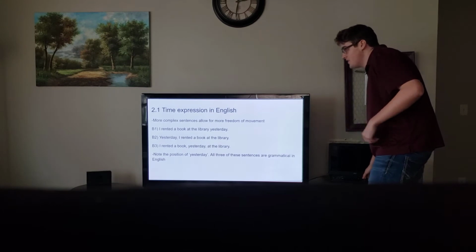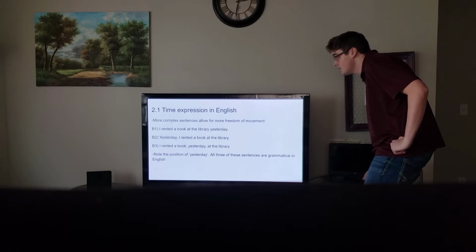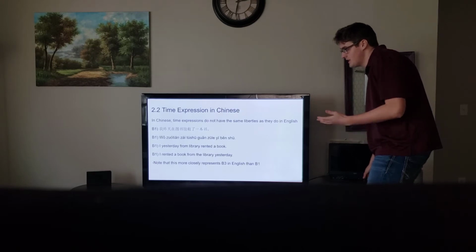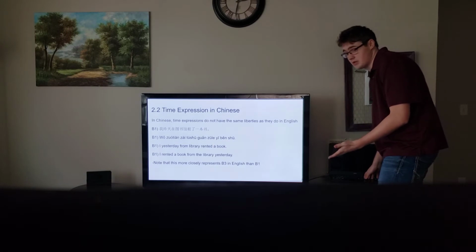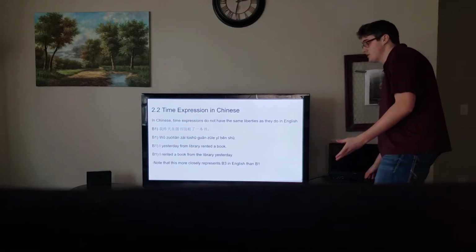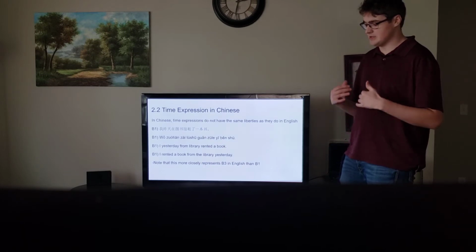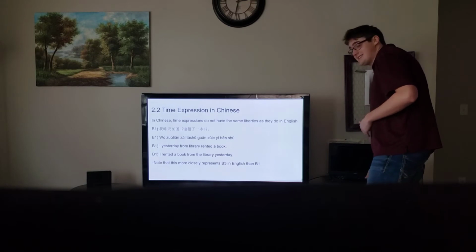So for B1, we see, I rented a book at the library yesterday. For B3, we see, I rented a book yesterday at the library. When we look at this sentence, we see, I yesterday from library rented a book. They're very similarly structured, and they're both correct in each's respective grammar.